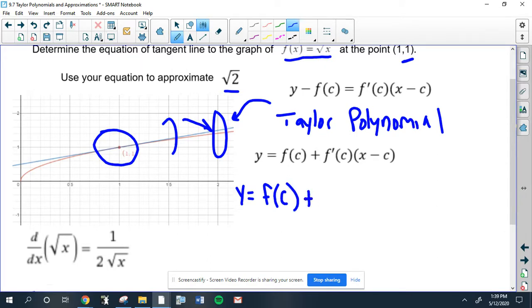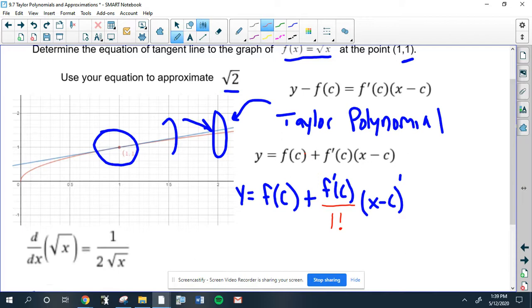The second term is this, f prime of c times x minus c to the first. So I'm not changing anything. I want to add one thing, though, that you've never seen before, but you wouldn't even show this really anyhow. This is over 1 factorial. 1 factorial is 1, so this and this are the same.